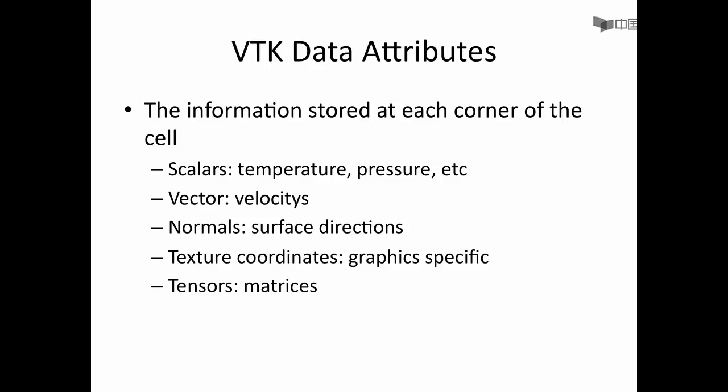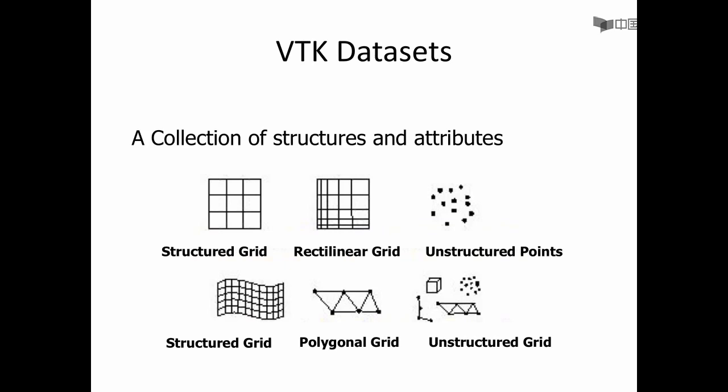They can be surface orientation, called normal, which is also a vector. They can be tensors, which are matrices. A Vtk dataset is a collection of structures and attributes. They can have different types of mesh, for example, structured grid, rectilinear grid, and so on.